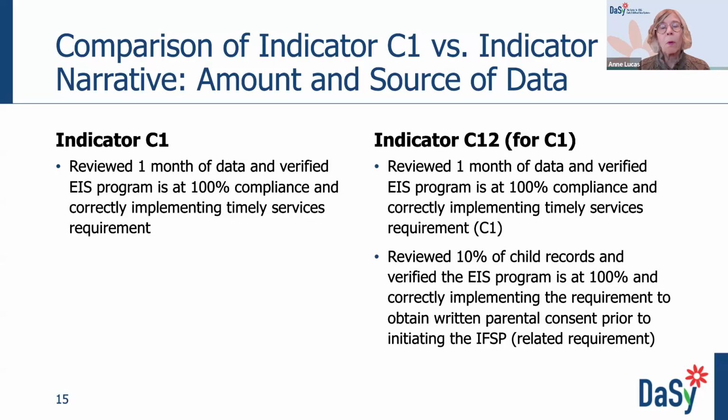And through that pull, you discovered that the program is now at 100% and correctly implementing timely services requirements. And you notice the terminology that we use there, 100% compliance and correctly implementing timely services. That is language from OSEP QA 23-01, and it's important that you include language from 23-01 in your description.